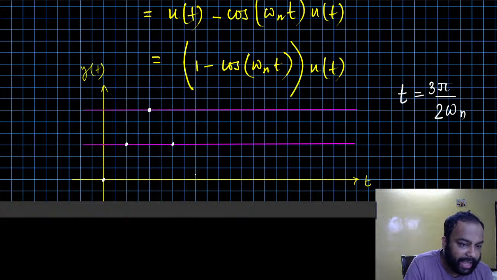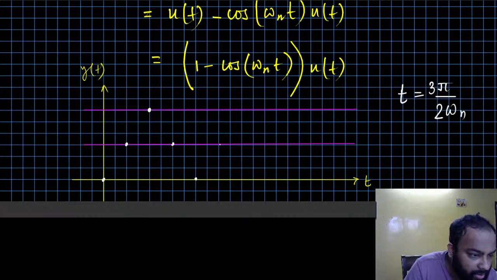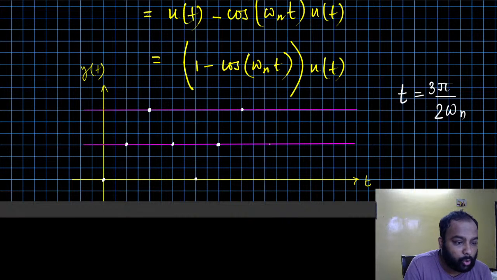And similarly, when t is 2 pi by omega n, the output is going to be 0 because cosine is 1 at that point. So essentially we are using school-level geometry and trigonometry here.